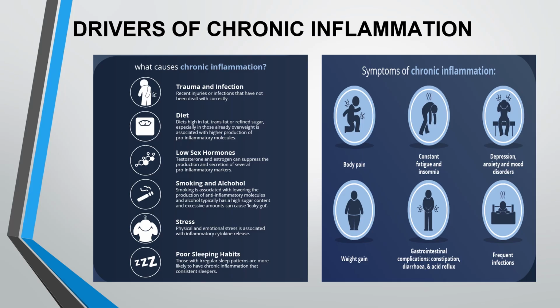The symptoms you see, fatigue, body pain, GI issues, and mood changes, are systemic effects of chronic inflammation, not just local tissue problems. This is why chronic inflammation is linked to diseases like atherosclerosis, autoimmune disease, cancer, or degenerative joint disease. Chronic inflammation isn't loud, it's just persistent.